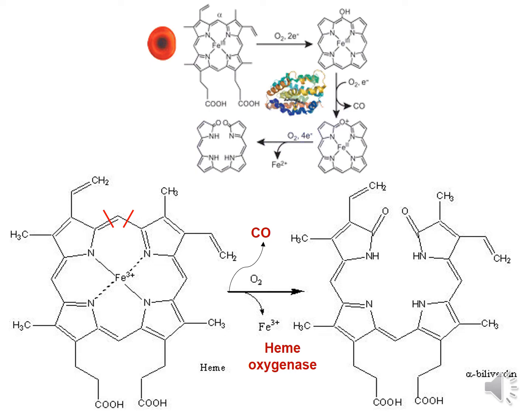In the presence of NADPH plus oxygen, the enzyme catalyzes 3 successive oxygenations that result in opening of the porphyrin ring, converting cyclic heme to linear biliverdin, production of carbon monoxide, and releasing of iron.